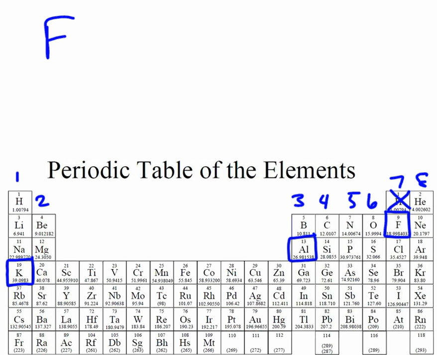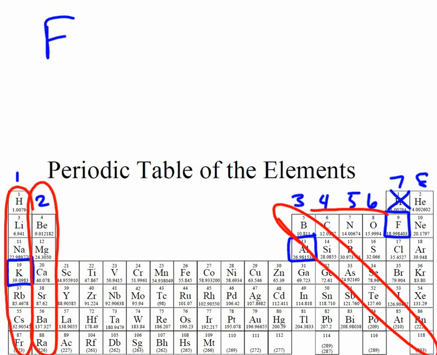Now, you're only going to be responsible for giving me the Lewis dot structures for your alkali metals, your alkaline earth metals, your metalloids, your nonmetals, your halogens, and your noble gases.